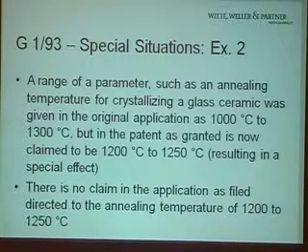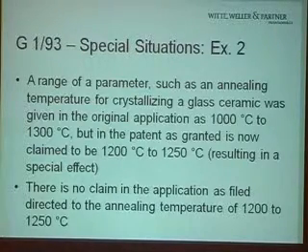So there's another example. We have in the claim a range of a parameter such as an annealing temperature for crystallizing a glass ceramic, which was given in the original application as 1000 centigrade to 1300 centigrade.